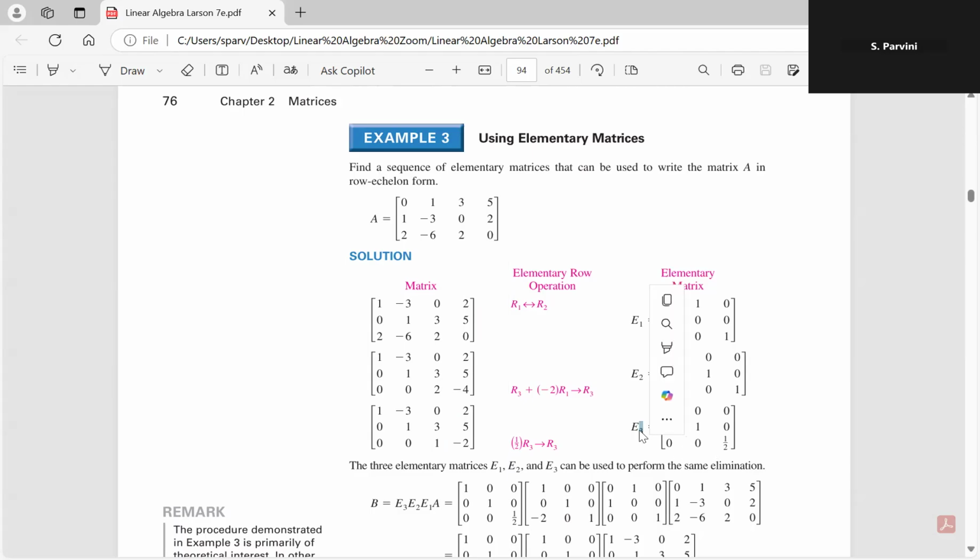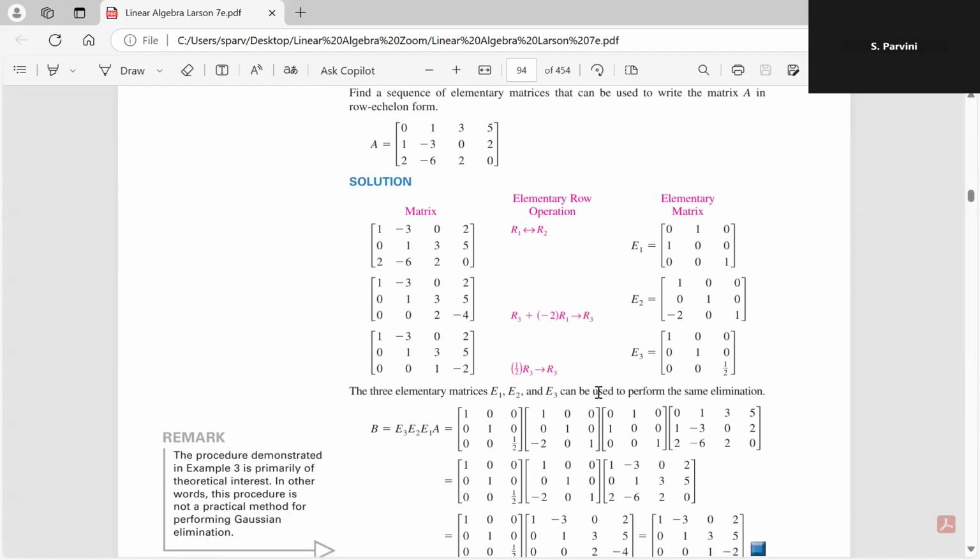E3 has no correlation, no association to E2. E2 has nothing to do with E1. These are independent elementary matrices. So each time he does something on the left, he does the same operation on the identity matrix. So everyone hopefully follows what he's doing here.